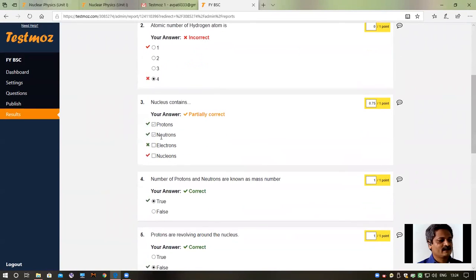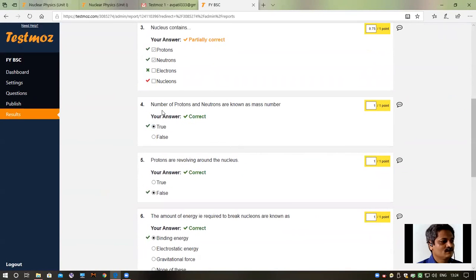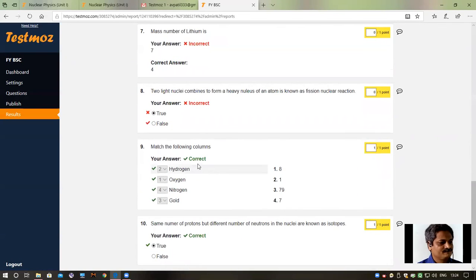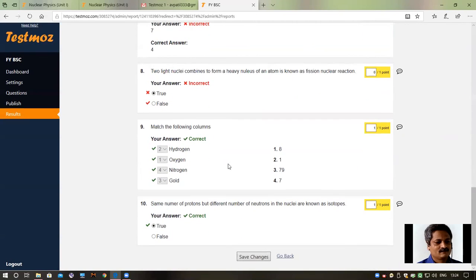Incorrect answer, partially correct, 0.75 out of 1, 0.75 marks this question got. This is the correct answer, correct, incorrect, and another is also correct.